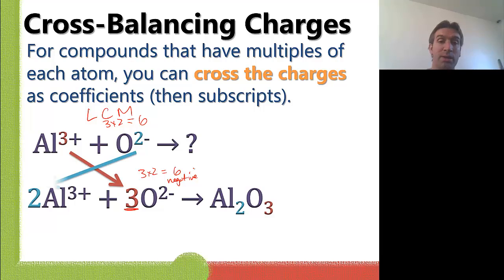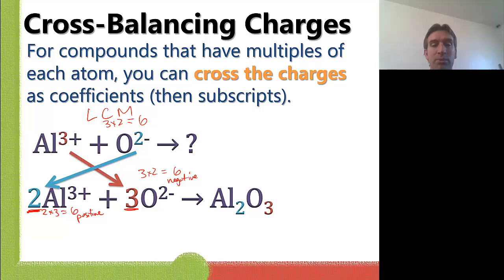On the other end, if I look at the charge of oxide, the 2 value, make that a coefficient on the opposite ion, you'll see that we now have 2 times 3 makes 6 positive charges. Since the goal is to have neutral molecules coming together, 6 positive charge with 6 negative charge adds up to 0. So I now have a balanced chemical equation.